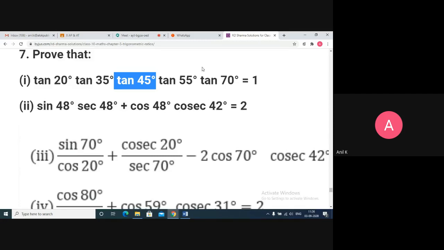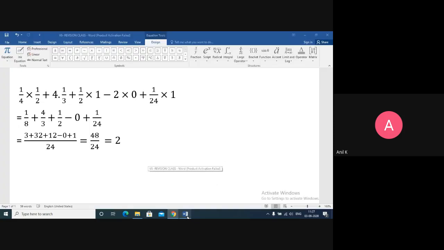You see which pairs give a sum of 90. 20 plus 70 is 90. So out of the first and last term, you convert any one term. Next, 35 plus 55 is also 90. So again, you convert any one of the terms. Let me try also. You also do it in your notebook. 20, 35.